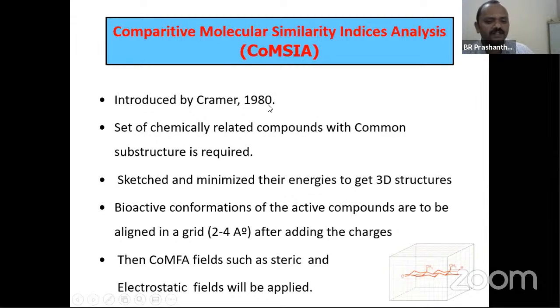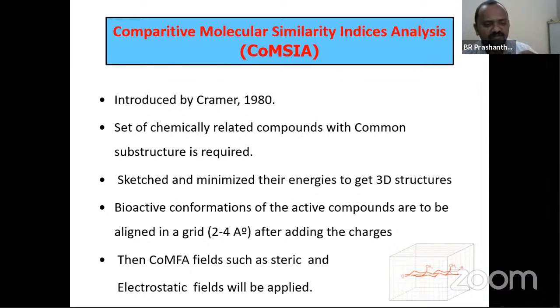What exactly he did is he took a set of chemically related compounds with a common substructure, sketched them and minimized their energies to get the three-dimensional structures.